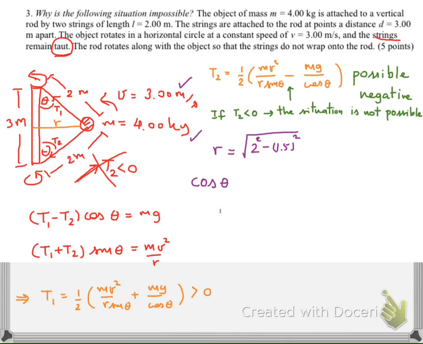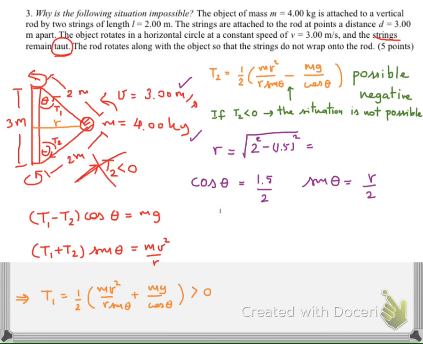Once we have r, we can find cos theta, which is equal to 1.5 over 2, while sin theta is equal to r over 2. Let's calculate r.